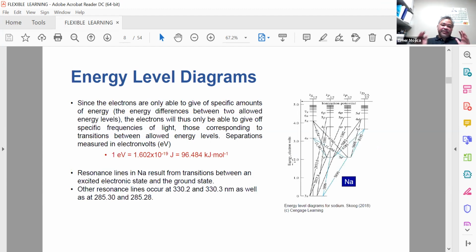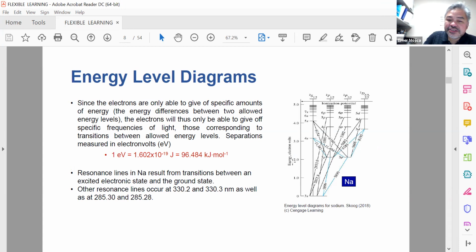Since the electrons are only able to give specific amounts of energy, the energy difference between two allowed energy levels, the electron will only be able to give off specific frequencies of light, those corresponding to transitions between allowed energy levels.